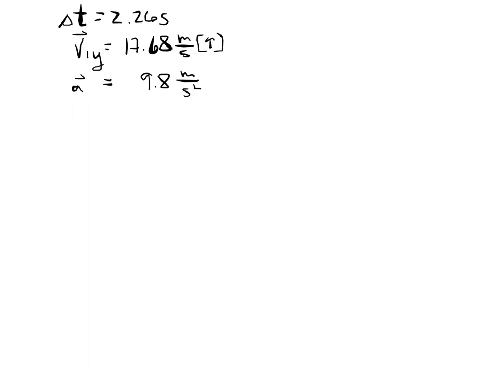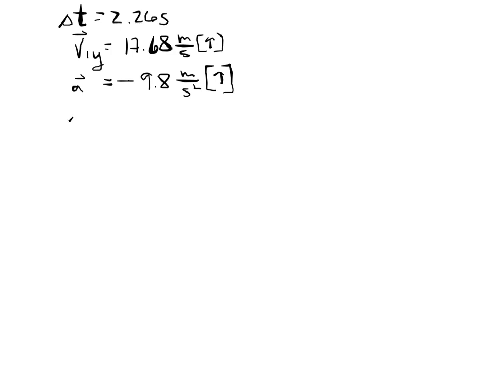Now, when we plug these figures in, acceleration and velocity, if we're plugging them into the same equation, the directions have to match. So we're going to call that up. But because the acceleration is actually down, the opposite of up, it gets a negative sign.